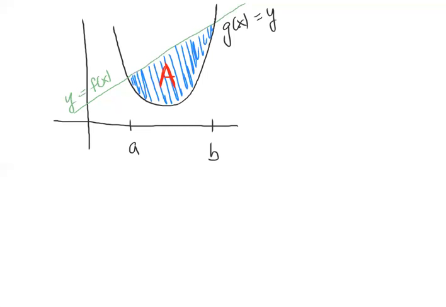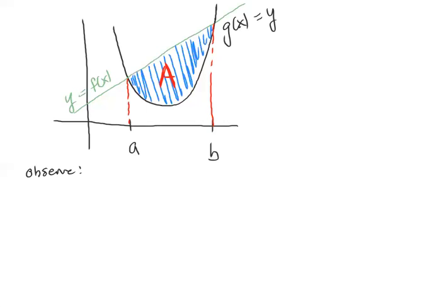Let's make a little observation that those two intersect at a and b. How could we use our knowledge of the definite integral to find the area of A? Let's observe something.